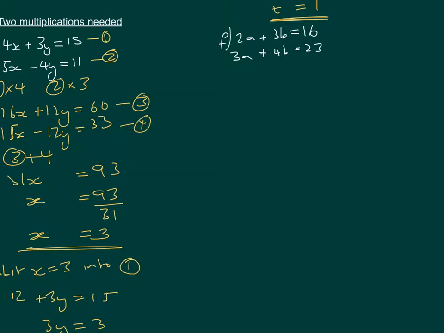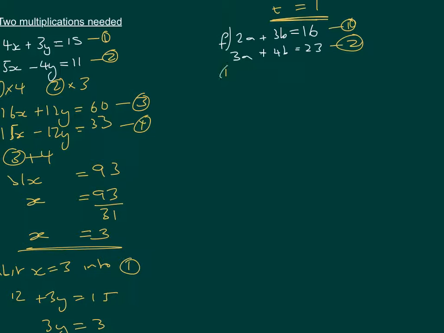And then finally the last one, again, I'm going to label them equations 1 and 2. I'm going to multiply both equation 1 and equation 2. I'm going to multiply the a terms, and the lowest common multiple there is going to be 6.